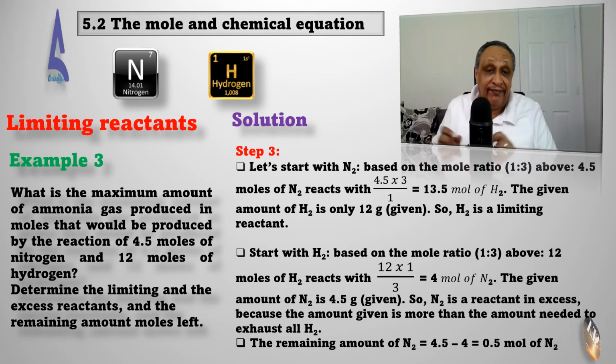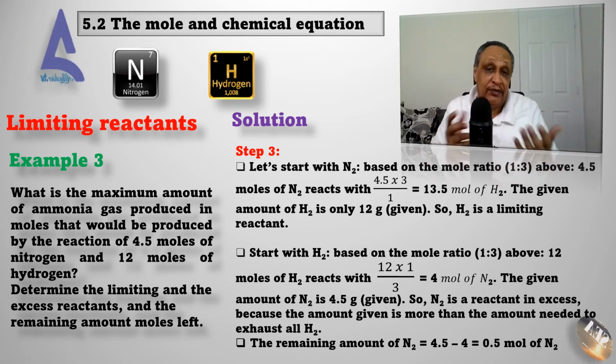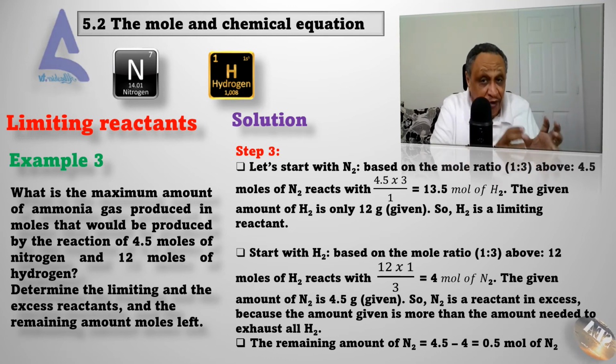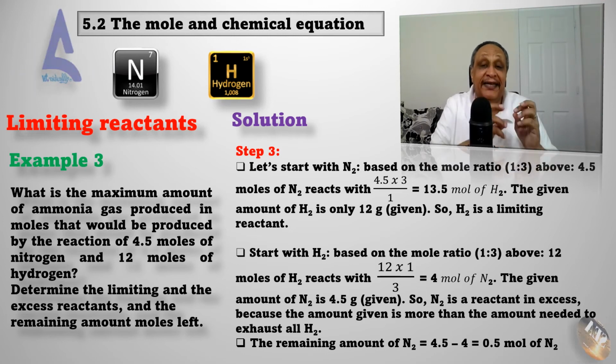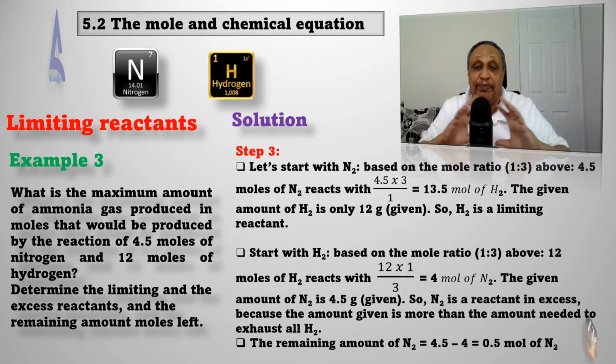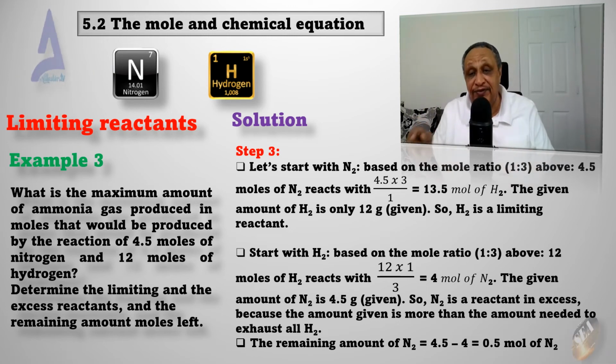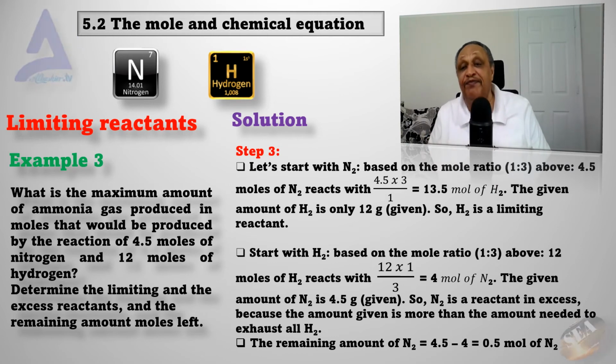We have 4.5 moles of nitrogen, so this 4.5 moles needs to react completely with 4.5 multiplied by 3 over 1, equal to 13.5 moles of hydrogen.